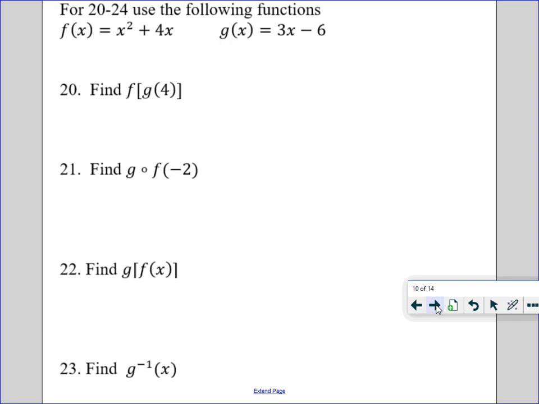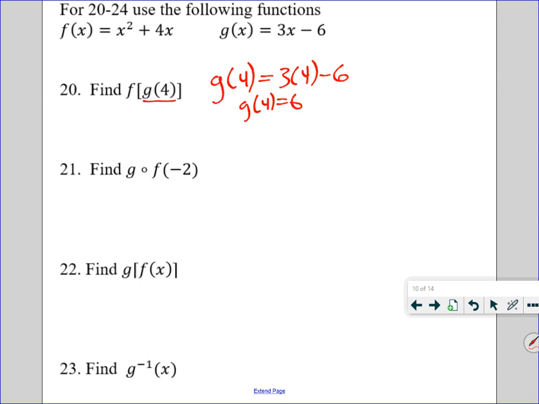All right, for these, we've got to do the f of g of 4. So, which of the following functions? So to do this, first we're going to evaluate, we're going to do this one in 2 steps. So g of 4 equals 3 times 4 minus 6, which is 12 minus 6, which is 6. So g of 4 is 6.